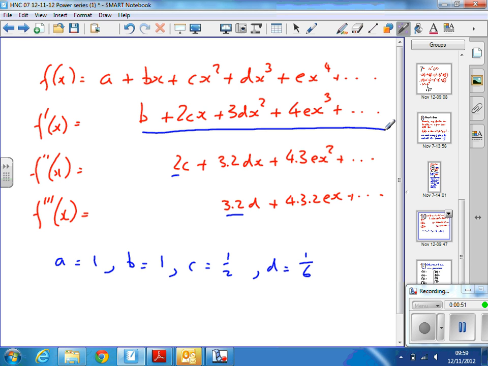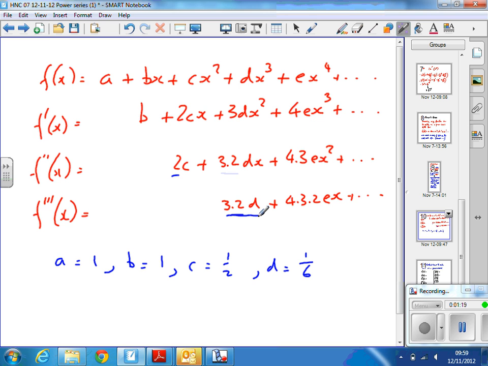And then we differentiated it again, so the b disappeared and left us with this. But when I did the differentiation, instead of writing this as a 6, if I differentiate this I get 3 times 2 dx. I leave it as 3 times 2. And then when we differentiate it again, we're just left with 3 times 2 times d.